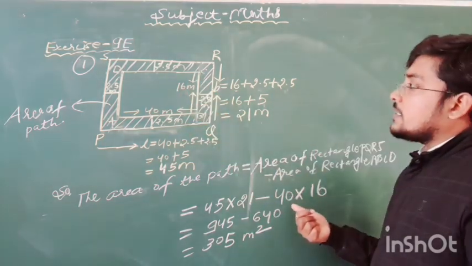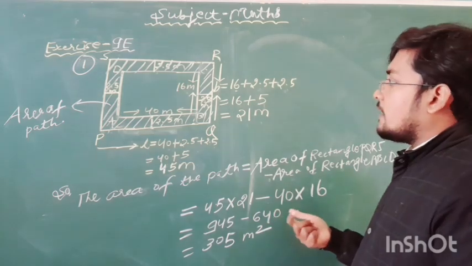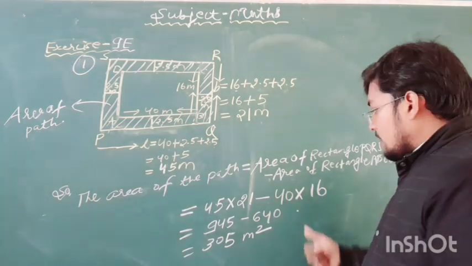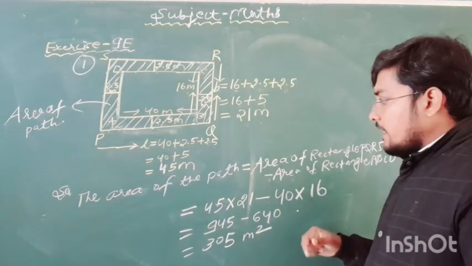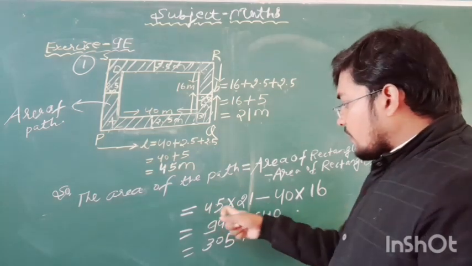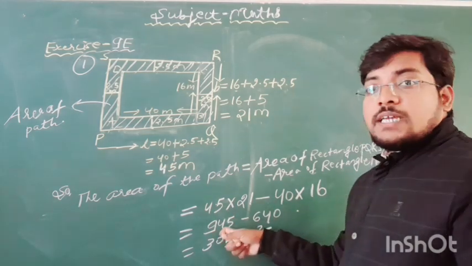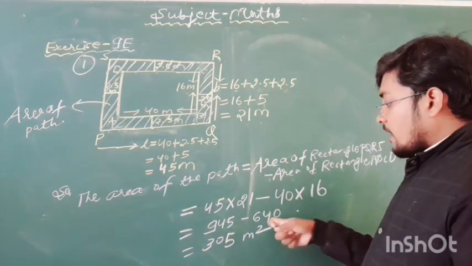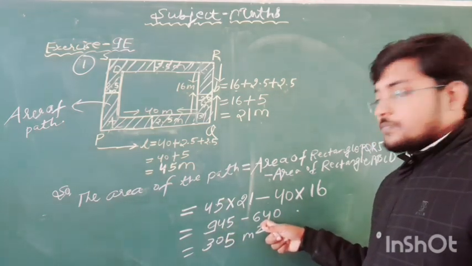So length into breadth is the area of rectangle ABCD, so 40 into 16 tells the area of rectangle ABCD. The product of 45 and 21 is 945, and the product of 40 and 16 is 640.